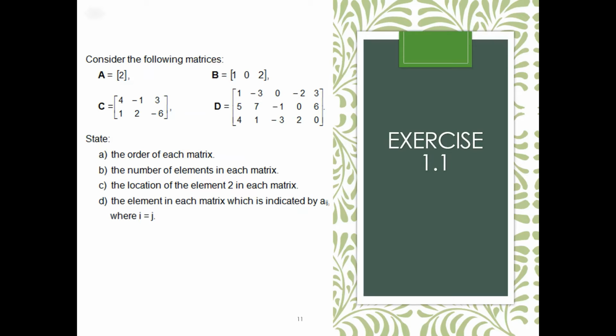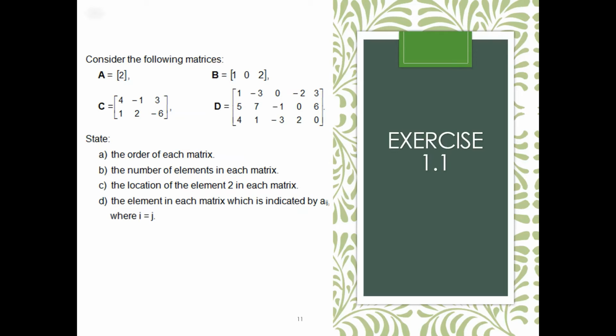Let's check your answer. The order of a matrix is referred to the size of that matrix. Therefore, the order of matrix A is 1 by 1, order for matrix B is 1 by 3, order for matrix C is 2 by 3, and order for matrix D is 3 by 5.